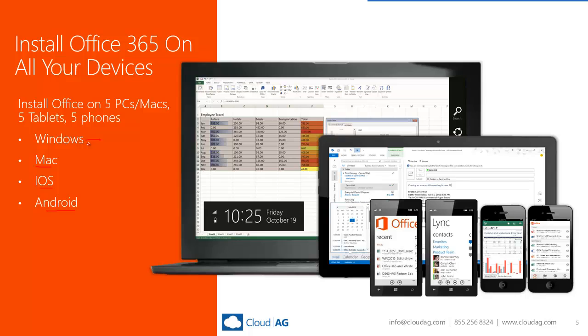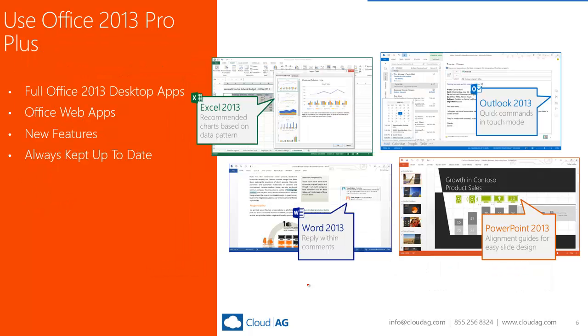So the first tip is make sure you're installing it and using it, because you now have the ability, no matter what device you happen to pick up, whether it's a phone, and it doesn't have to be a Windows phone, it can be an Apple phone or an Android phone or a tablet or another device, you can take advantage and work on Office documents, Word, PowerPoint, Excel from any of those devices. So that's tip number one for getting more use out of it, is get it installed everywhere that you're using.